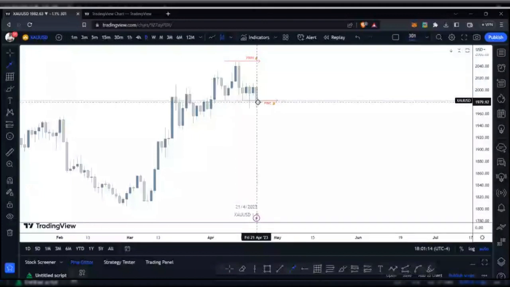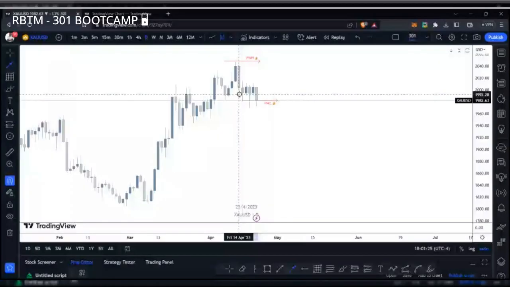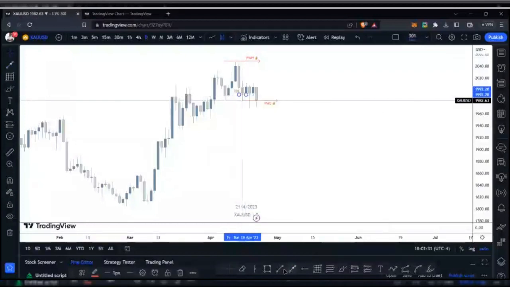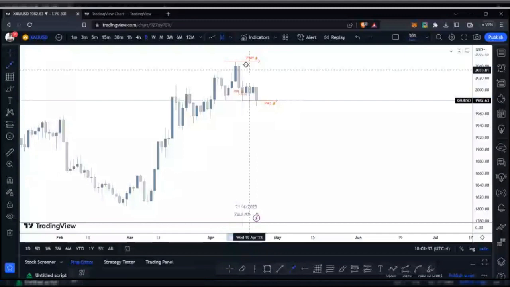So let's look for Monday first. Monday. So this will be Monday. So this will be that candle there. So previous week's line, this candle there.